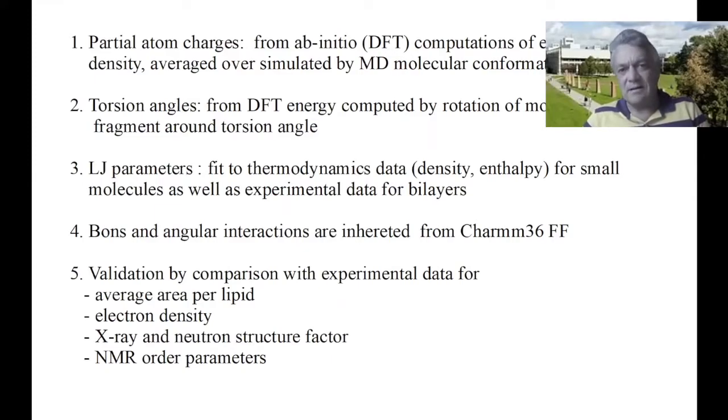Because lipids are flexible molecules, the partial charges depend on lipid conformation. That is why, in derivation of the lipid force field, we made computations for different lipid conformations taken randomly from an already generated molecular dynamics trajectory, computed partial charges for them, and then took the average and used these average charges in the final formulation of the lipid force field.